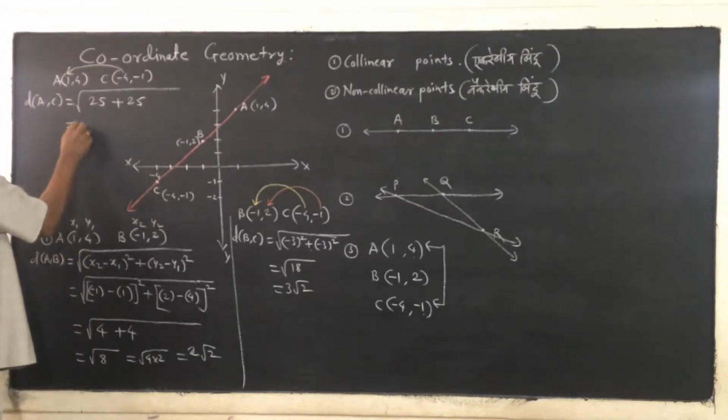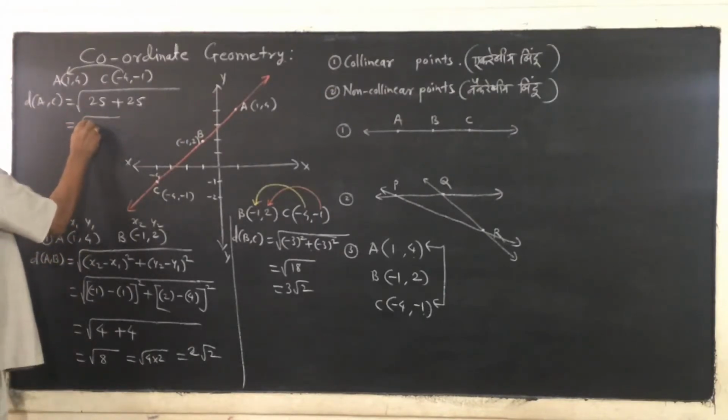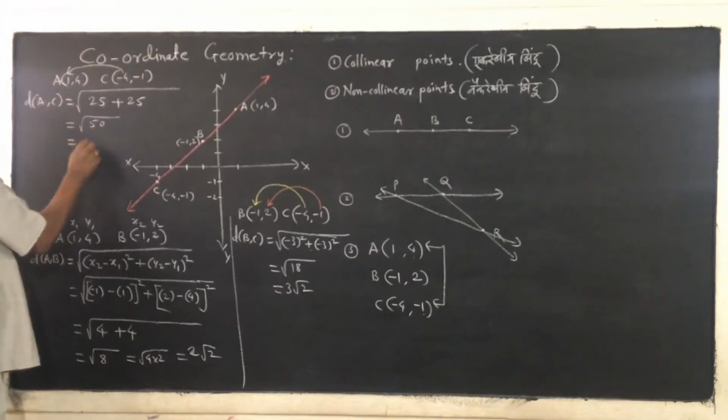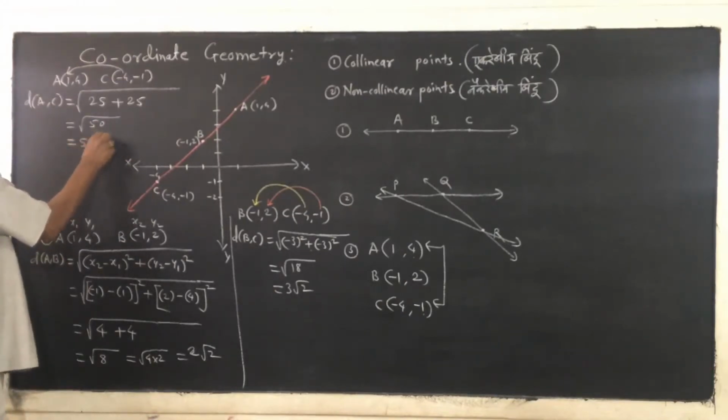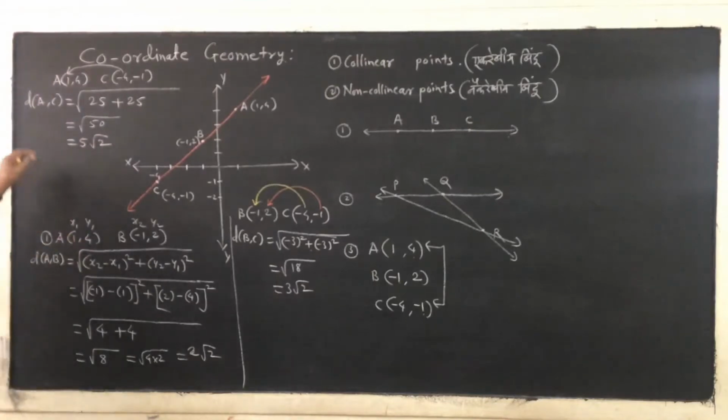So what is the answer there? Under root 50. In short, we can simplify this number. What is the number? It is 5 root 2. So you are getting AC distance 5 root 2.